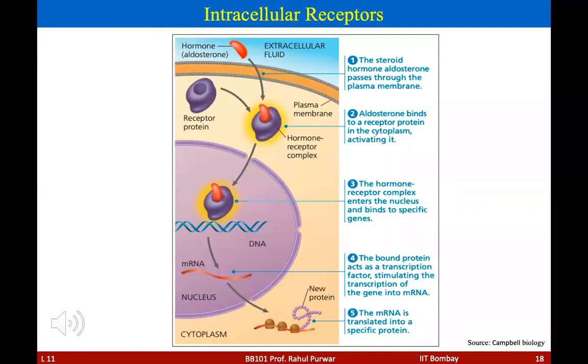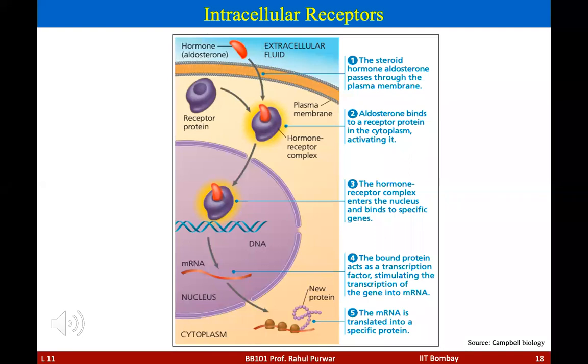In the case of hormones, for example steroids, especially hormones like aldosterone or other steroid hormones, the receptors are not present on the plasma membrane, as you have seen in the case of ion-gated channels, RTKs or G protein coupled receptors. What you were observing there is that the signaling molecule was always binding on the plasma membrane.